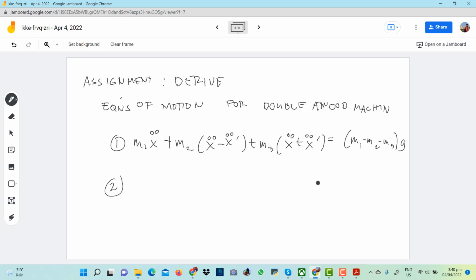Then the second one, with respect to x prime, from the other Euler-Lagrange equation: m2 (minus x double dot plus x double dot prime) plus m3 (x double dot plus x double dot prime) equals (m2 minus m3) times g. So this will be your assignment.